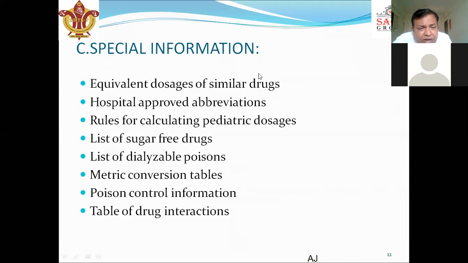Metric conversion means one minim equals how many ml, or one fluid ounce equals how many mls; conversion tables like that should also be available. Poison control information or a table of drug interactions should also be included in this formulary. These information items must be included in a formulary.